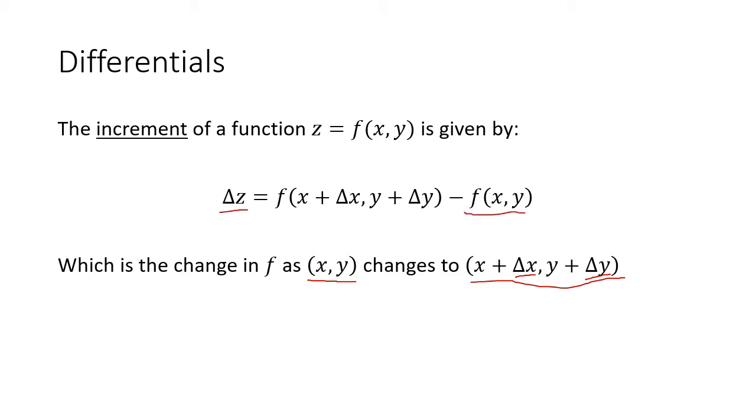Evaluate at point 1, evaluate at point 2, and find their difference by subtracting, and that's your change in z. That is your increment. The formula looks more confusing than what it's actually saying, but that's the idea. That's how much your function is actually changing.